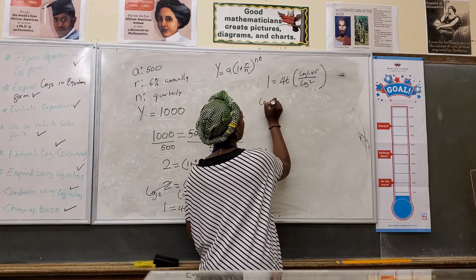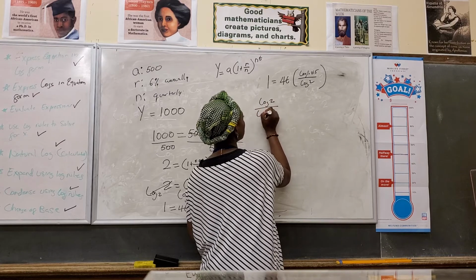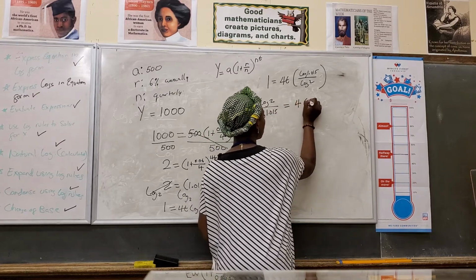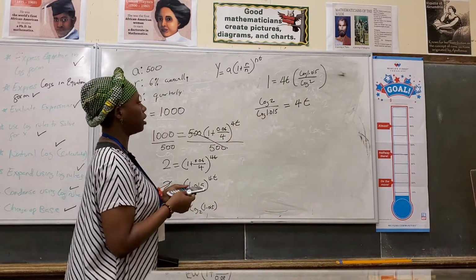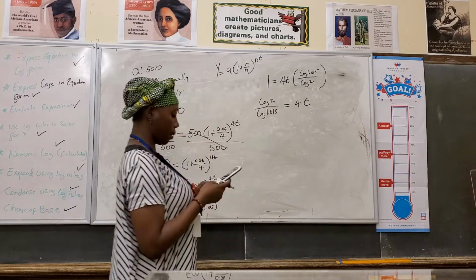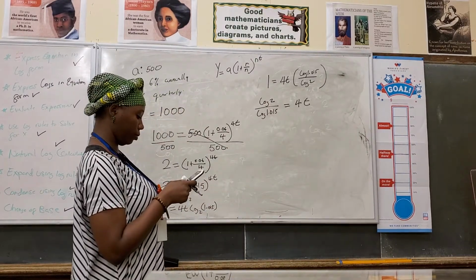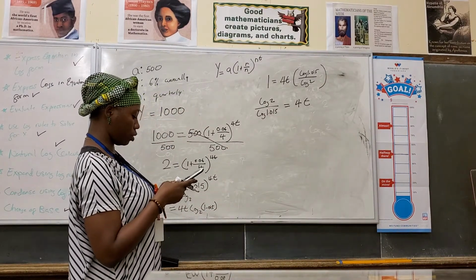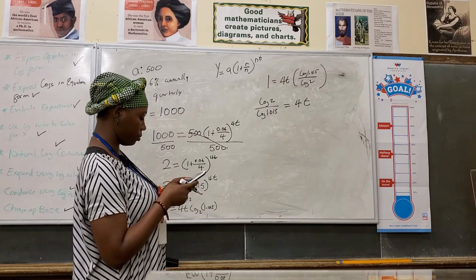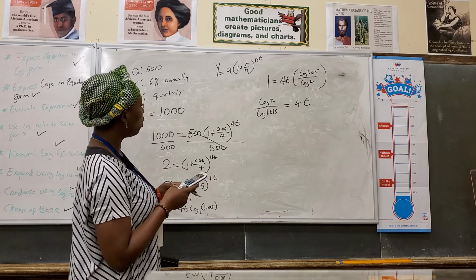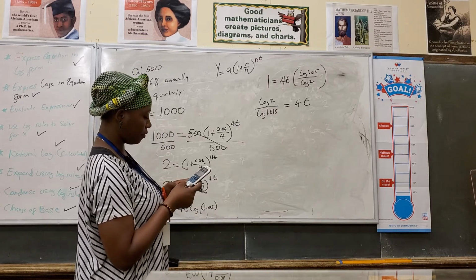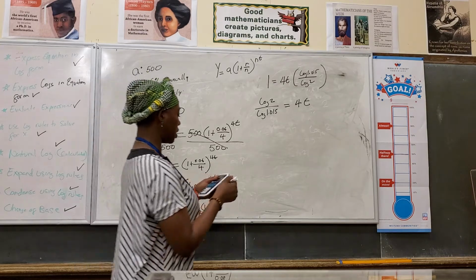So log base 2 of 1.015, because when you multiply by the reciprocal on both sides, I say log of 2 divided by log of 1.015 close parentheses equals 46.55.